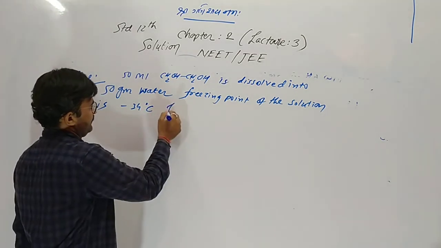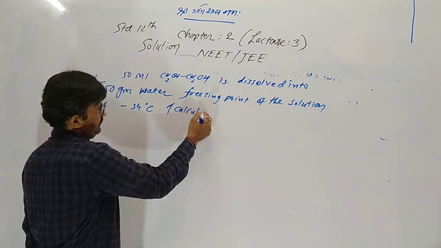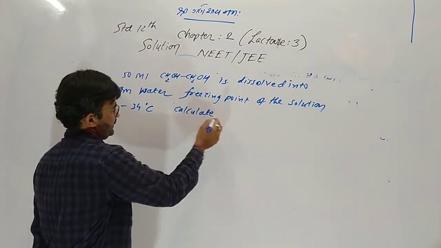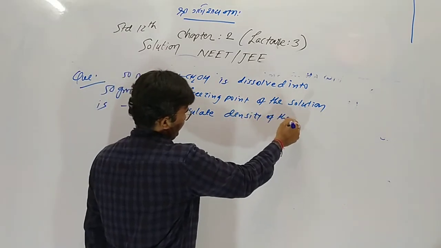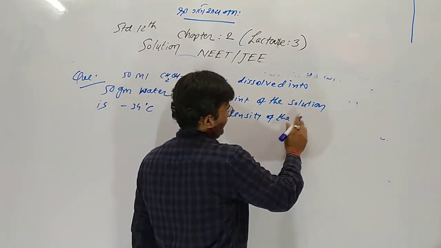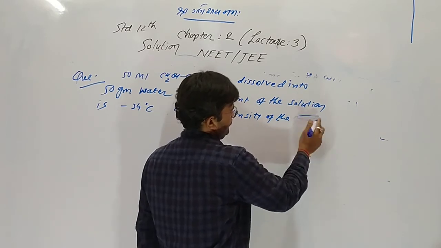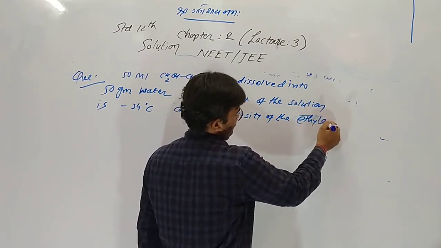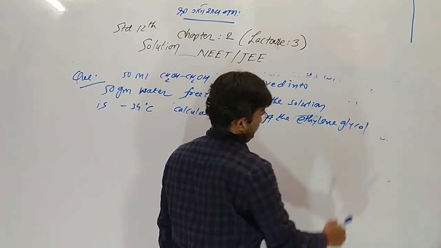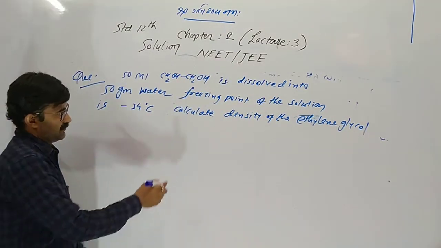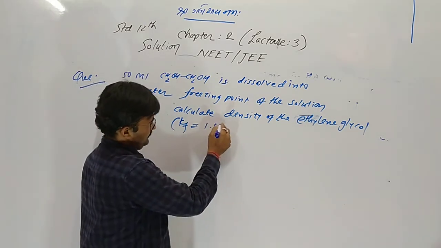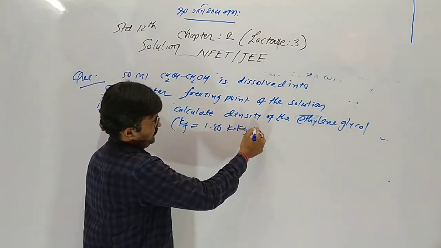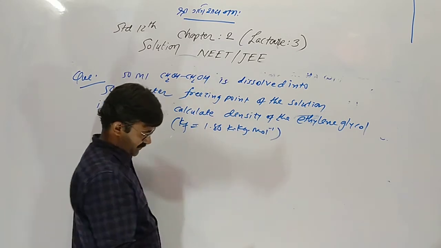Calculate the density of the ethylene glycol. The value of Kf is given as 1.86 Kelvin kilogram per mole.